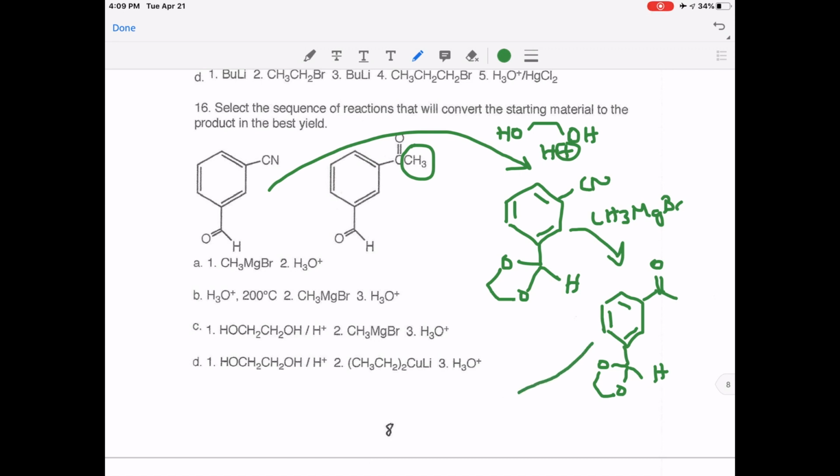The bottom part, now we need to bring that back to a carbonyl substituent. With just the addition of H3O plus, we get back to the desired compound.